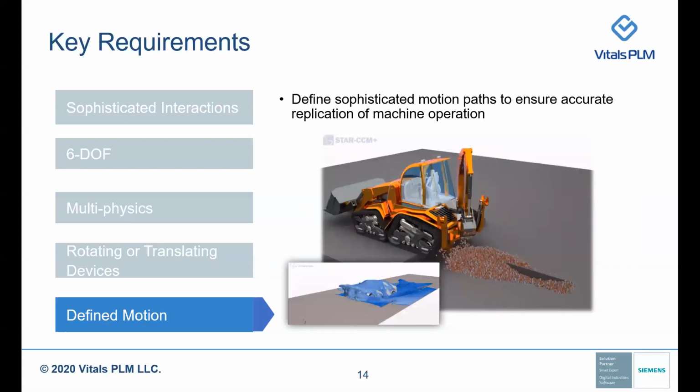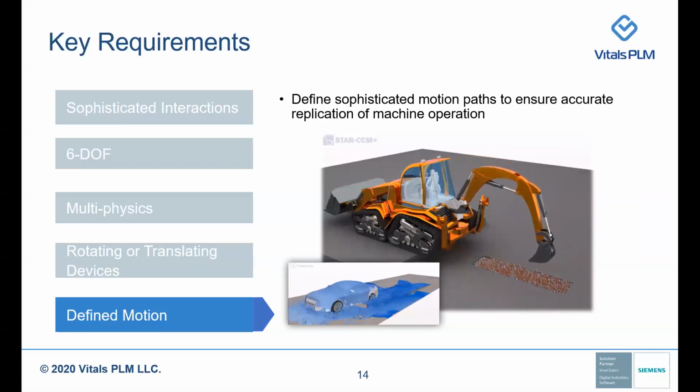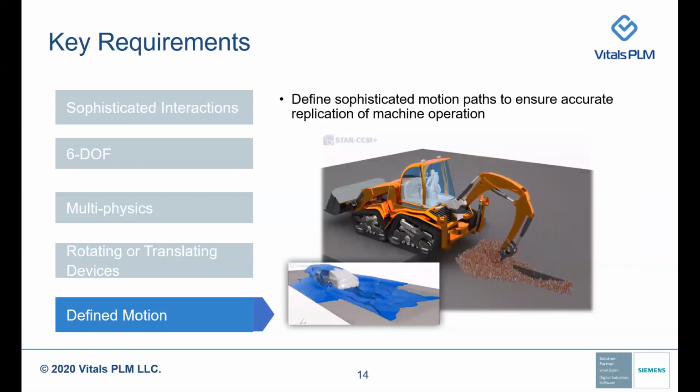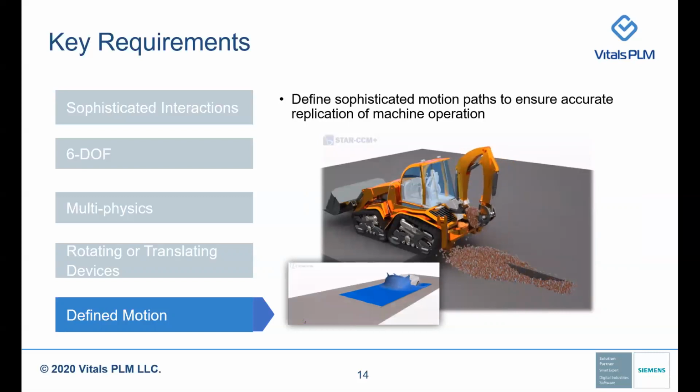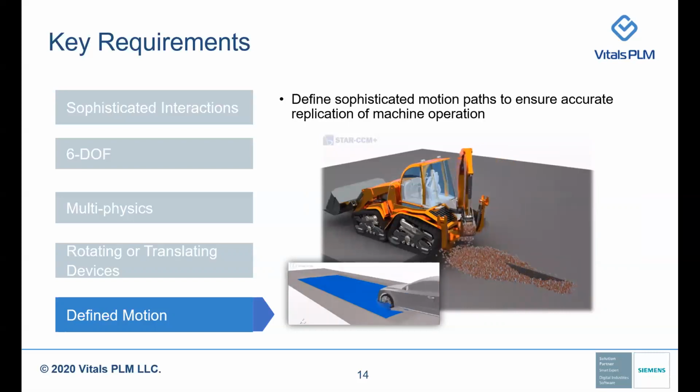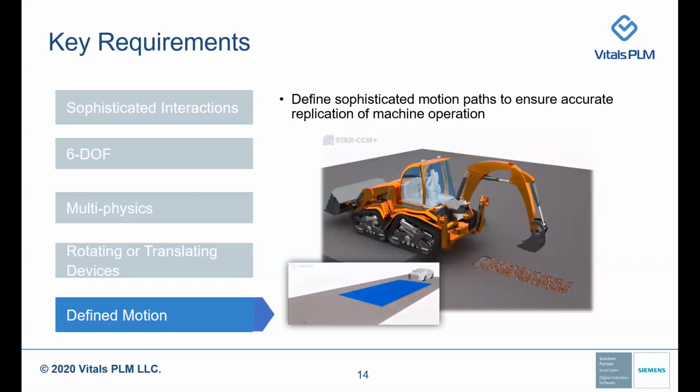It involves a certain path for the vehicle to enter the pool of water for the flooding studies, and on top of it, it also requires the model to take the fluid forces acting on the vehicle into account. Similarly, in the other example of an excavator, the bucket which is collecting the material needs to be modeled with some designed or defined motion.